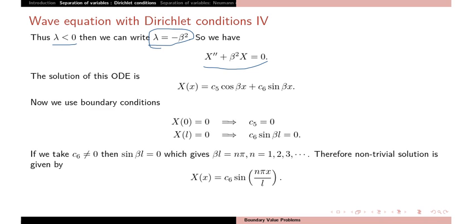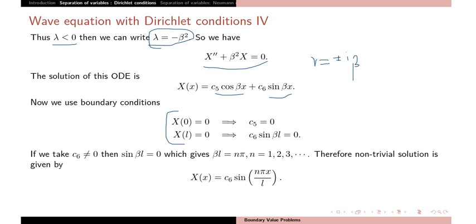So the two roots are equal to plus minus i beta. So the solution will be c5 cos beta x plus c6 sin beta x. Roots are imaginary.